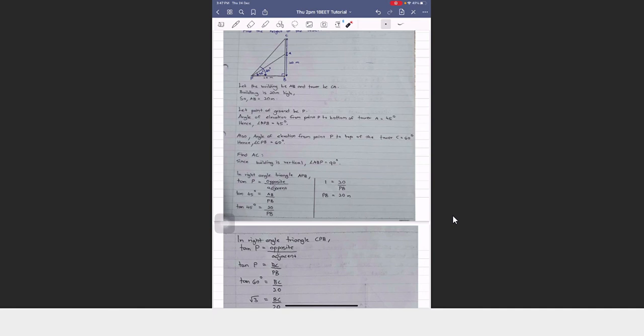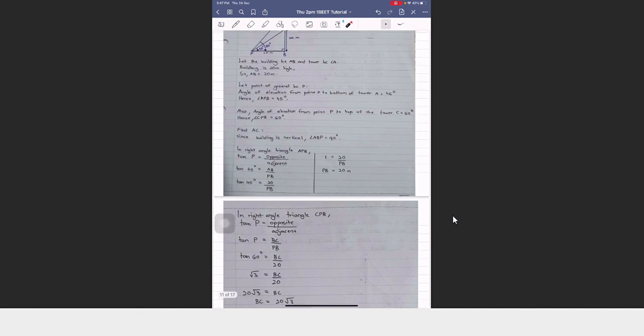Tangent 45 degrees equals 20 over PB. So that means PB is 20, isn't it?